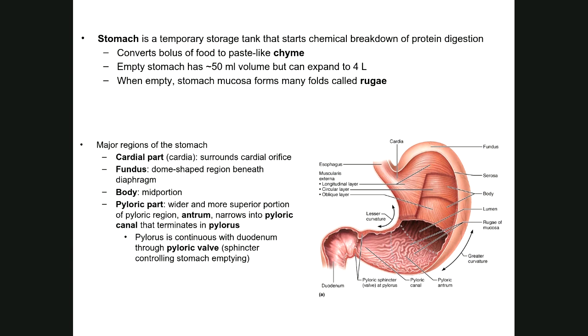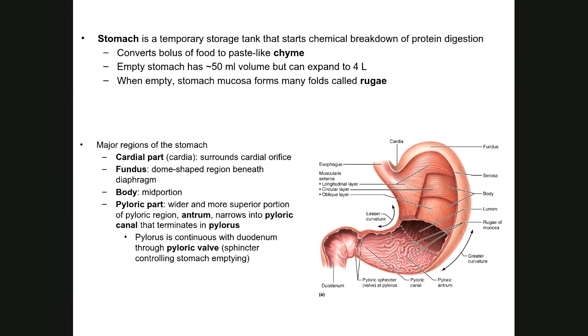It's like a paste now. We call it chyme. When empty, it has about 50 milliliters volume, but it can expand to up to 4 liters of chyme. And the stomach has mini folds, those little folds that you see over here. This is what we call rugae of the mucosa.